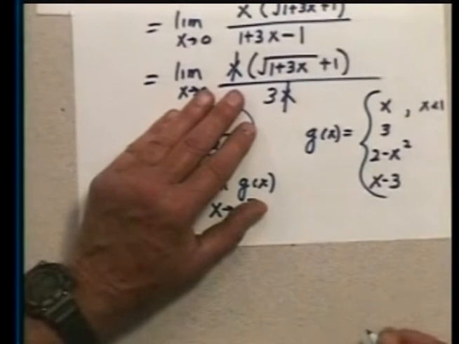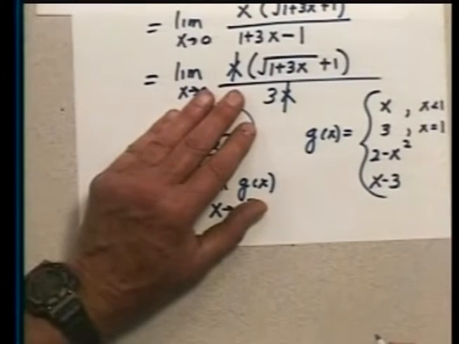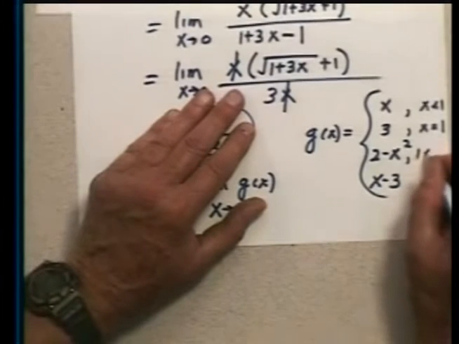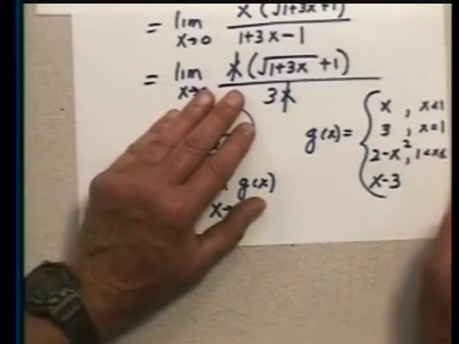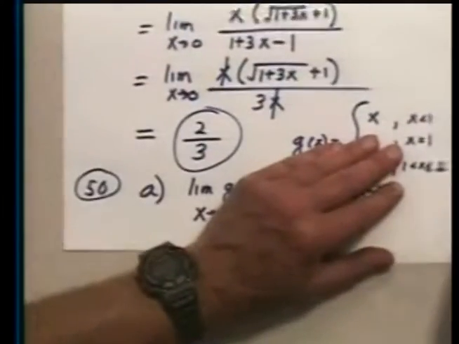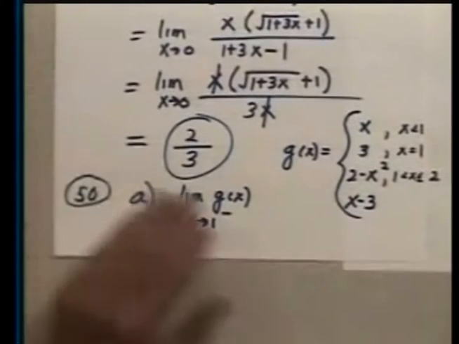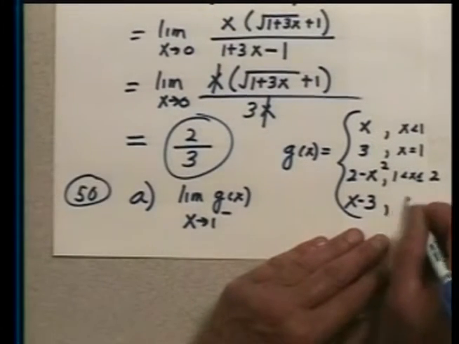It's only 3 if x is actually equal to 1. It's 2 minus x squared if 1 is less than x is less than or equal to 2. And finally, it's x minus 3 if x is greater than 2.